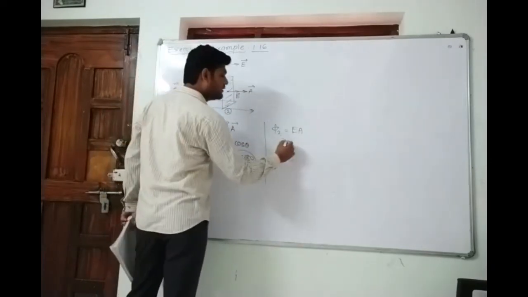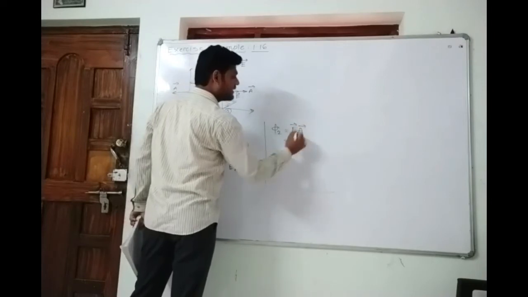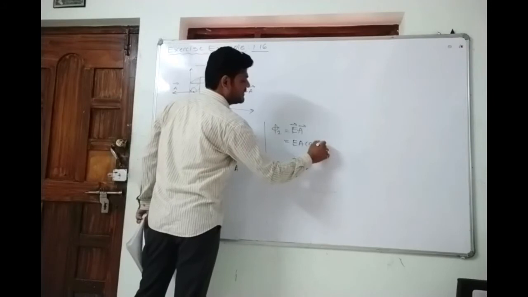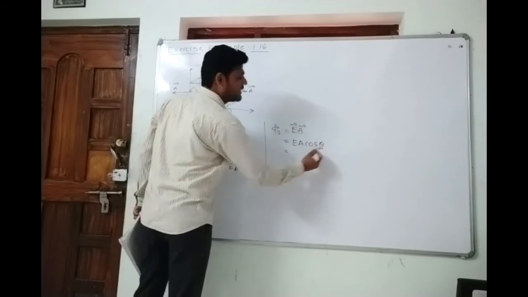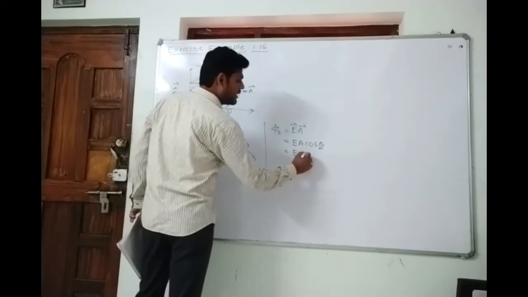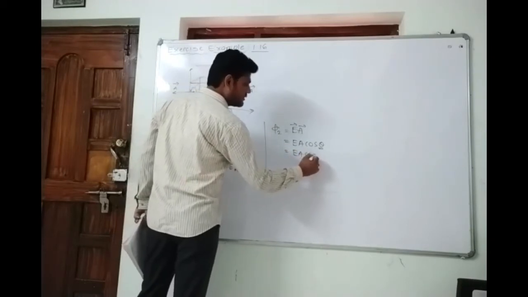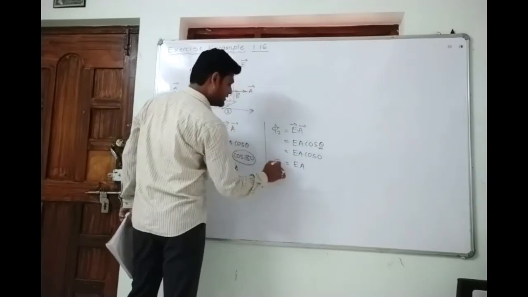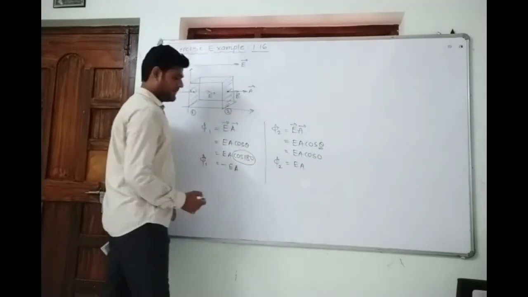So E vector dot A vector is E A cos theta, where theta is 0 degrees. So we put E A cos 0. Cos 0 becomes 1, so it is only EA. So phi 2 becomes EA.